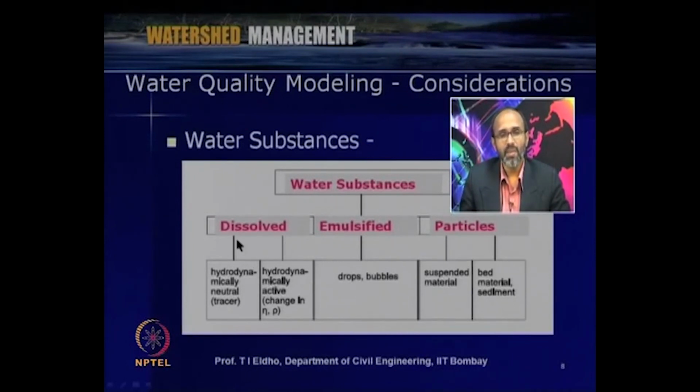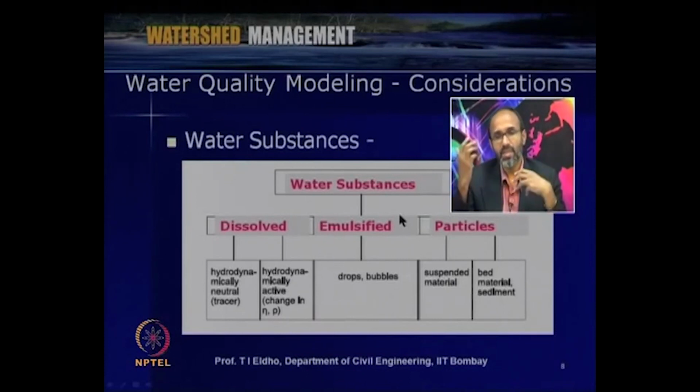So water substance can be either dissolved or emulsified, like drops or bubbles, like lather or other kinds of contaminations. And as far as particles are concerned, they can be suspended materials like sediments coming from a watershed, or bed material, and other kinds of sediment within the flowing water, like in a river or within the watershed, overland flow or channel flow, wherever these particles will be eroded.